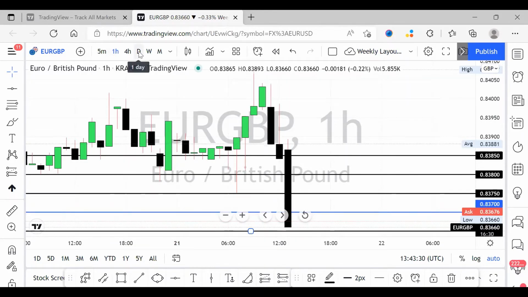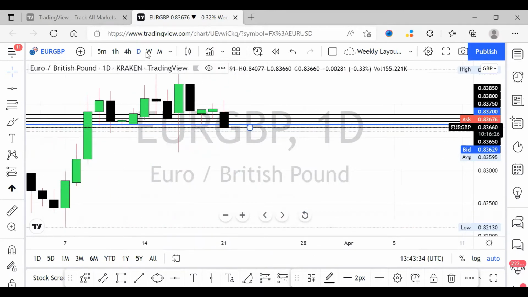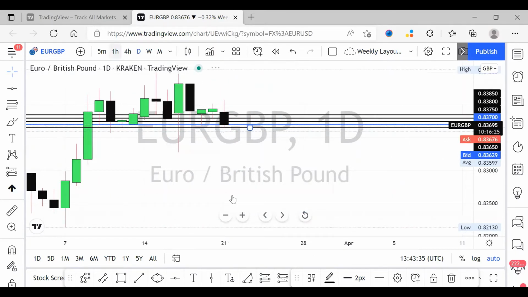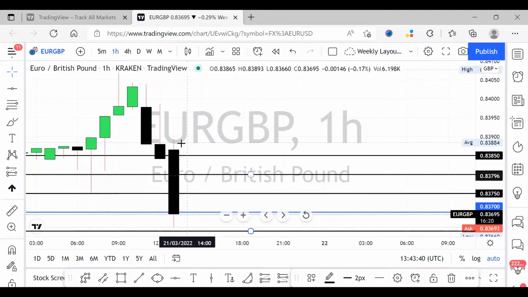If you do it from the daily, it won't be as clearly evident as it is in the hourly. This is in line with your intraday. Look at how price in this particular one tried to go for that bottom zone and then react. This is all to do with quarters theory. Every 250 we mark.